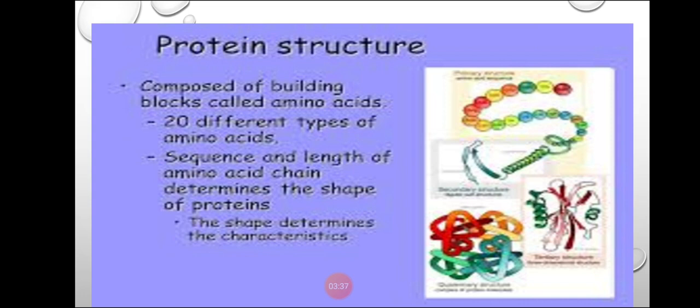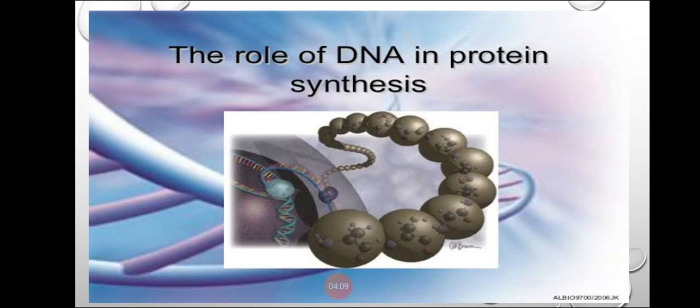What are amino acids? They are the raw material for protein synthesis. How many amino acids are there? 20 different types of amino acids form the proteins, and all these amino acids are available in the cytoplasm.